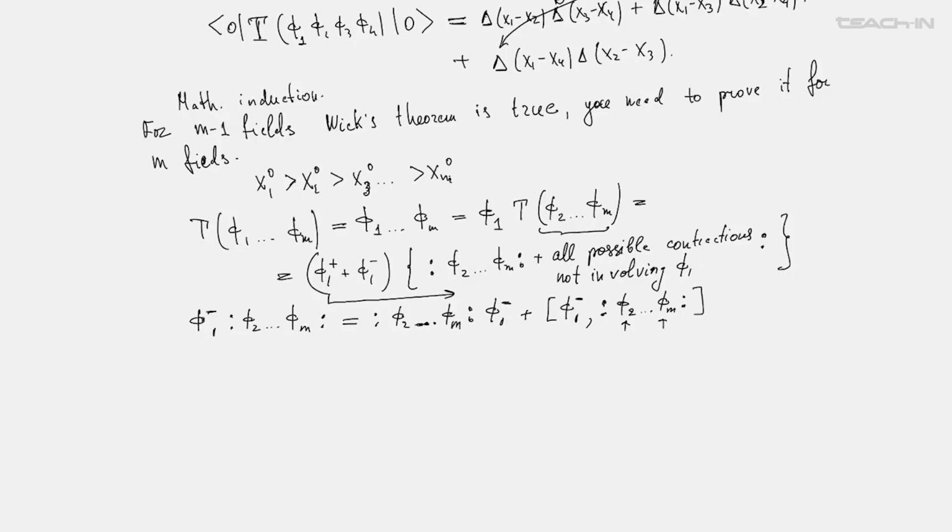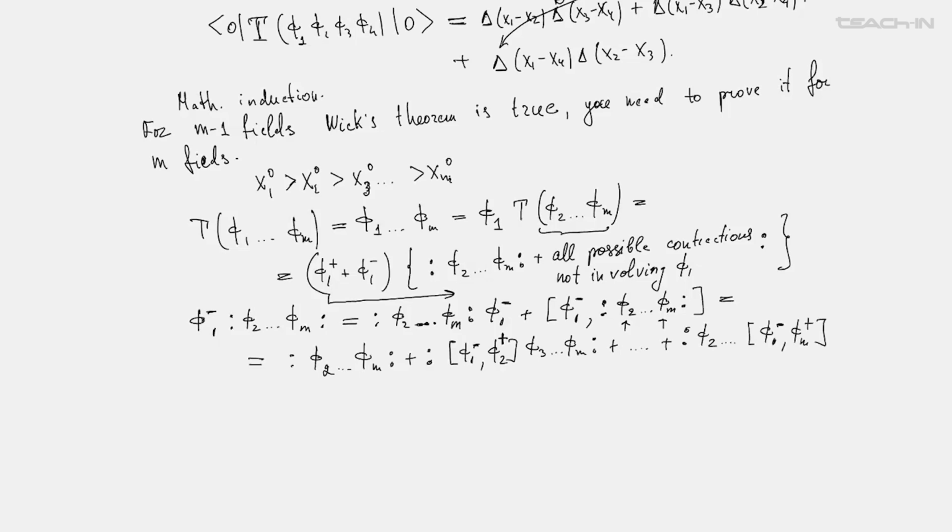And therefore, what I will be getting here is simply this first term with which I do nothing, phi 2 and so on, phi m, plus commutators, phi 1 minus with phi 2 plus, because from phi 2, only phi 2 plus, containing the creation operator, will not commute with phi 1 minus, and then phi 3 and so on, phi m, plus and so on, up to phi 2 and so on, phi 1 minus with phi m plus, right?